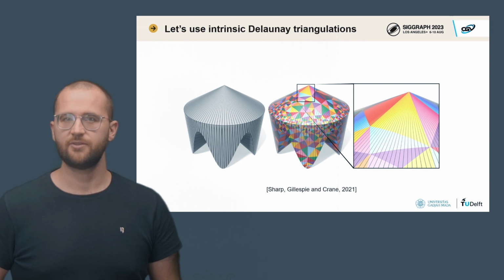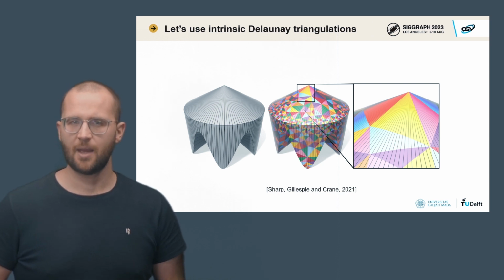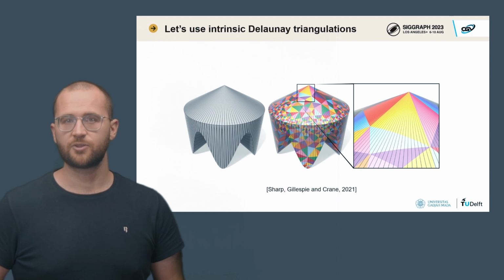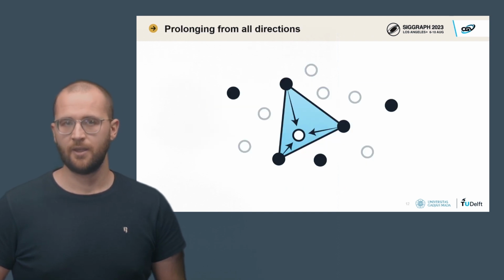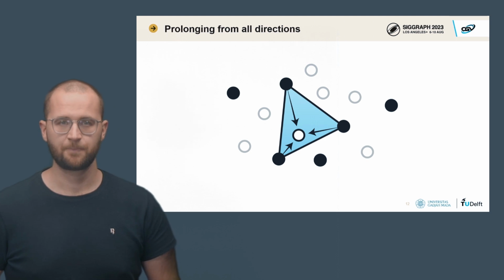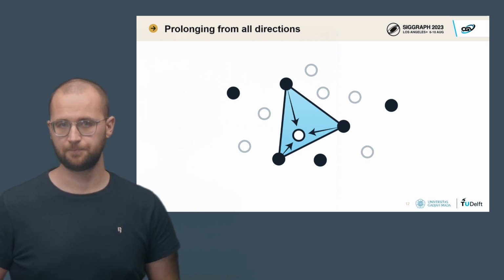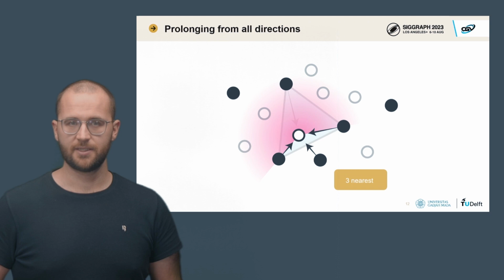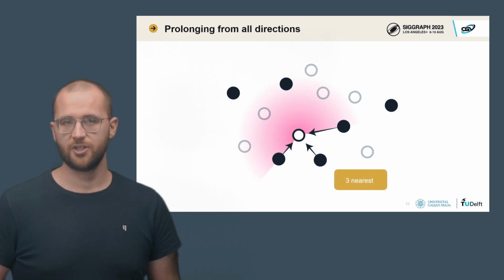This gives us a couple of nice properties. We could just sample points on the surface and then compute a triangulation. That means we don't need edge contractions. Second, during prolongation, a fine point always receives information from multiple directions from the coarse points, because they form a containing triangle. This is not guaranteed to happen, for example, with just selecting the 3 nearest neighbors.